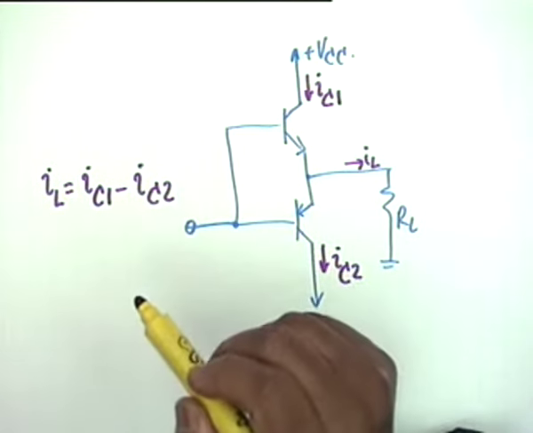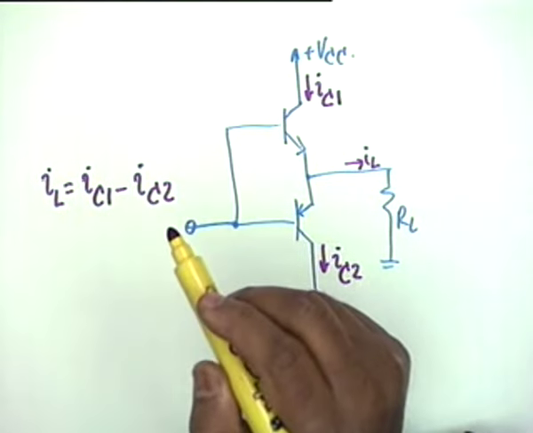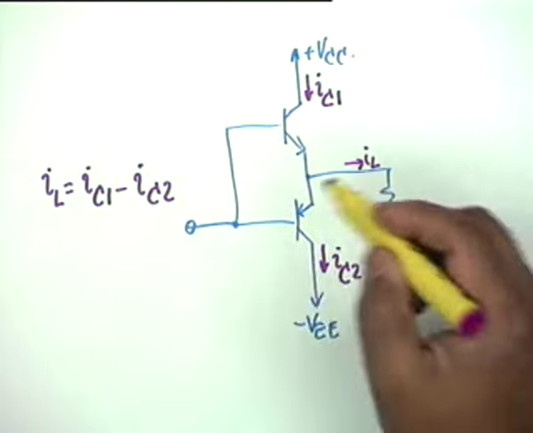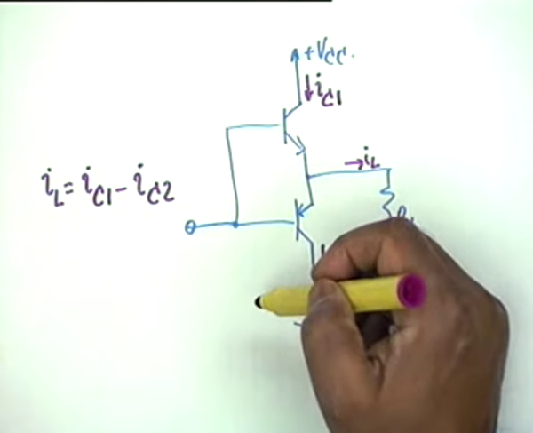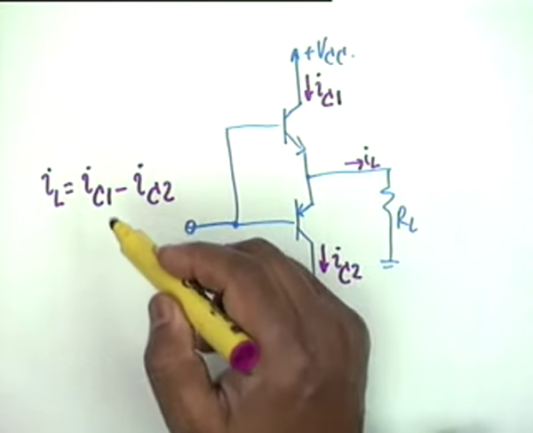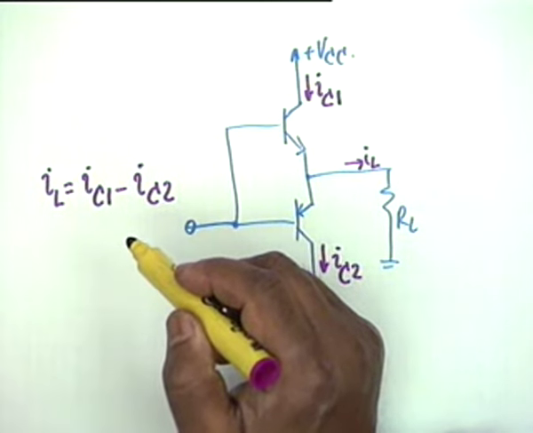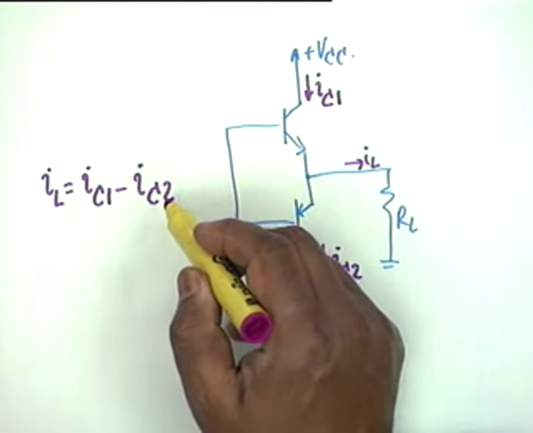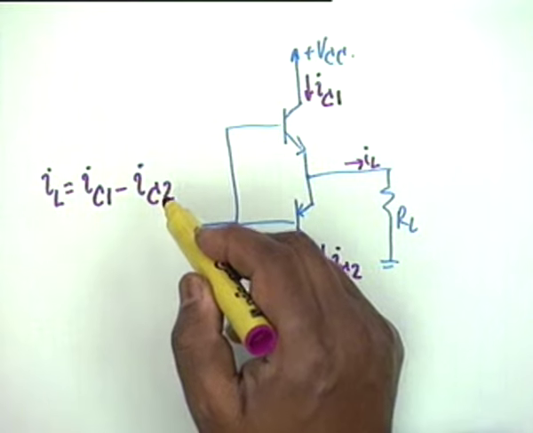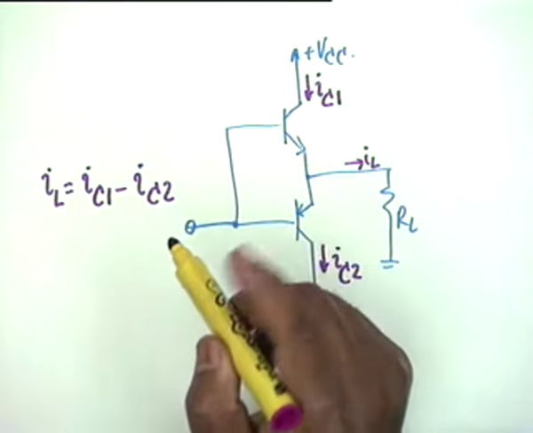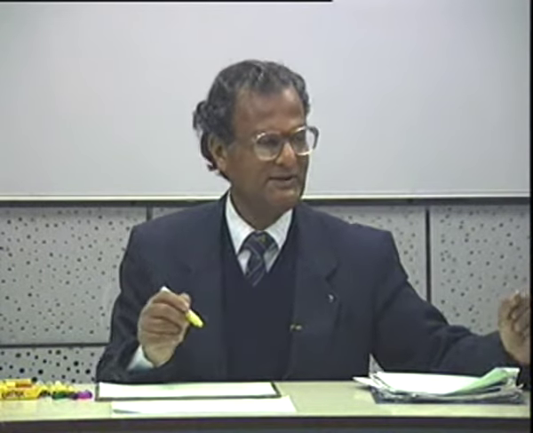What is the waveform of IC1? If you ignore crossover distortion, or if you have taken care of crossover distortion by using two diodes here, then the waveform of IC1 is half rectified sine, and the waveform of IC2 is also half rectified sine but shifted in phase by 180 degrees. Okay, this is the basic form.